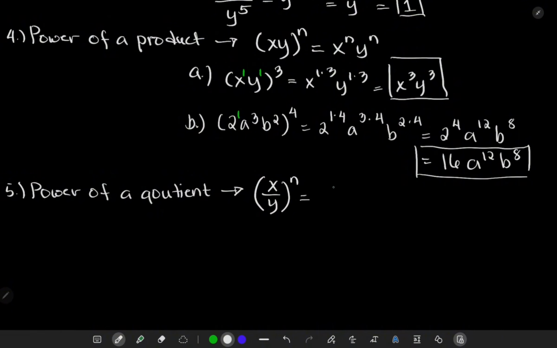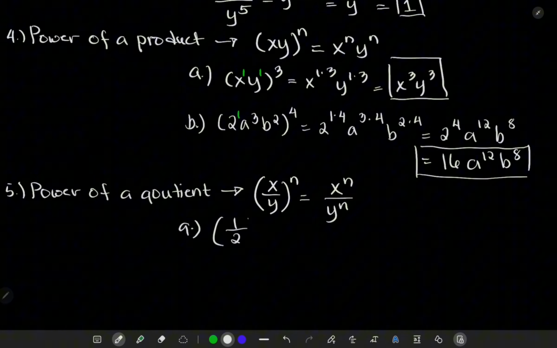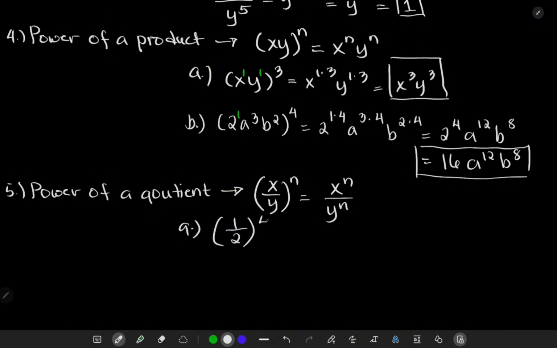So that is equal to x raised to n, y raised to n. And for example, if we have, let's say, the quantity of 1/2 raised to the fourth power, so that is equal to 1 raised to 4 all over 2 raised to 4. And then 1 raised to 4 is just 1. And then 2 raised to 4 is 16.